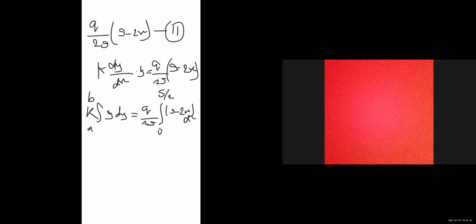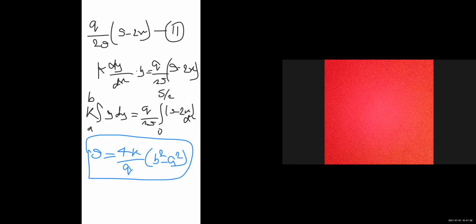Then we get the value of S, that is 4K by Q into B square minus A square. So this is the value of S.